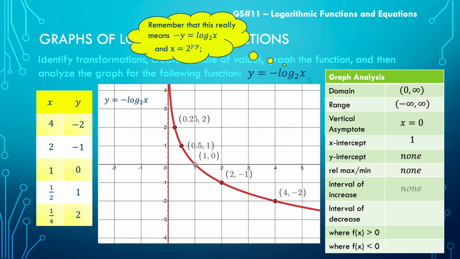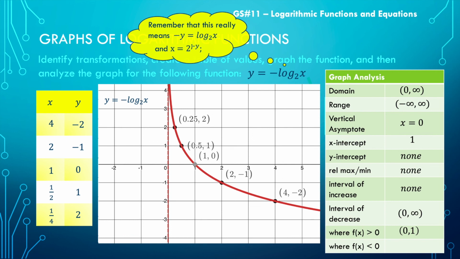The interval of increase does not exist. And the interval of decrease is going to be the entire domain of this function, which will be 0 to infinity. Now, where is this function greater than 0? That's the domain of the portion of the graph that is above the x-axis. So we're focusing on this little piece right here. So that domain is going to be from 0 to 1.